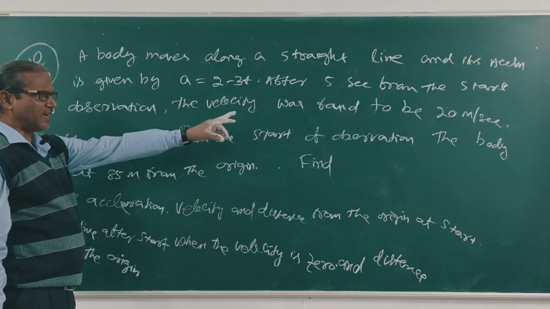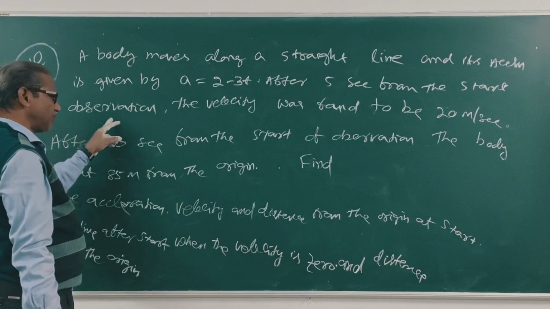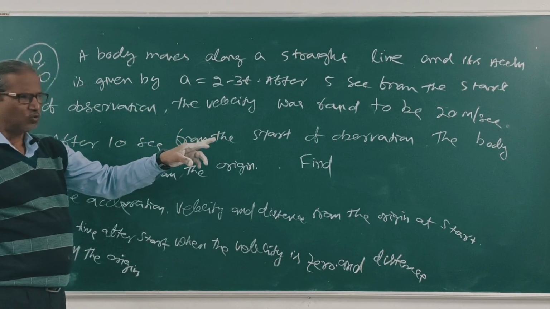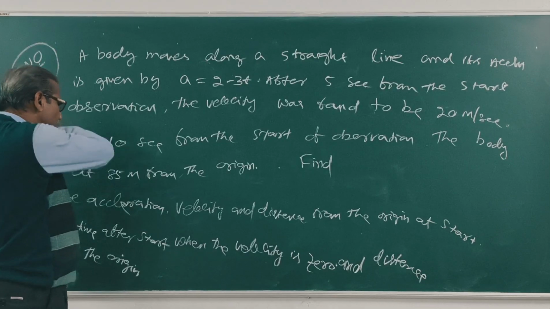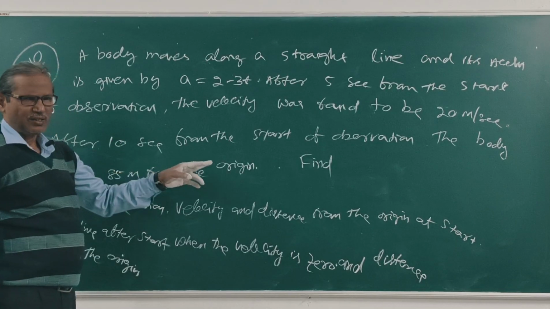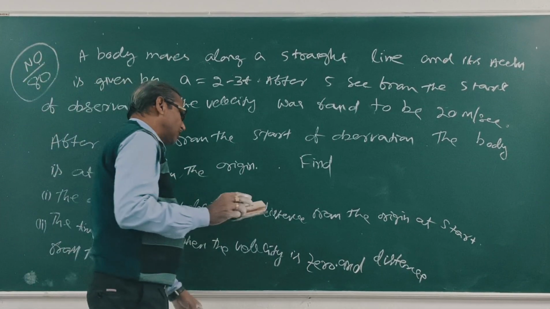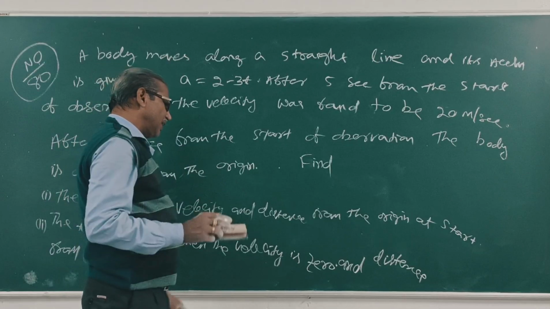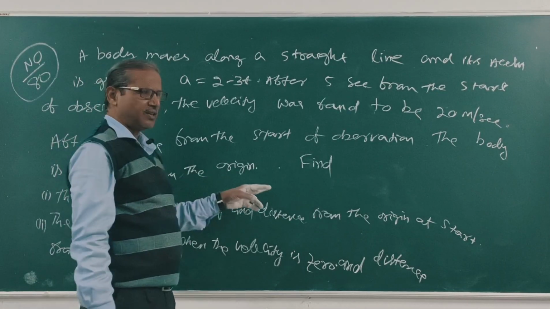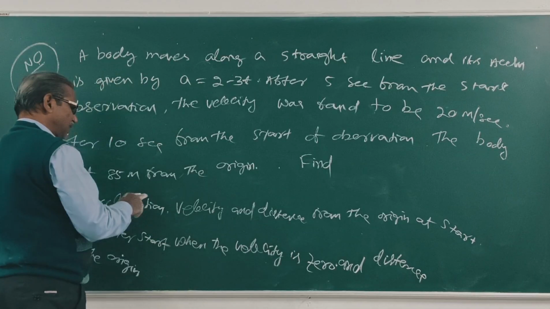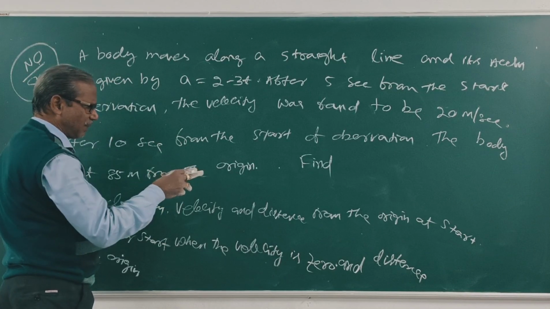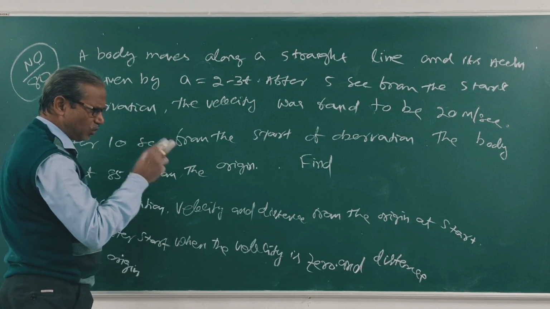After 5 seconds from the start of observation, the velocity was found to be 20 meters per second. After 10 seconds from the start of observation, the body is at 85 meters from the origin. Find the acceleration, velocity and distance traveled by the body from the origin at the start.